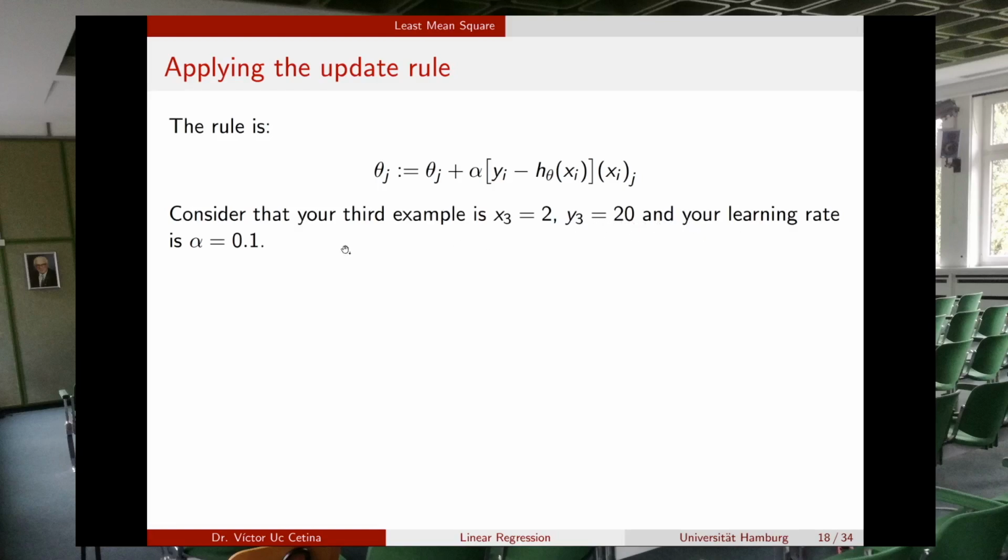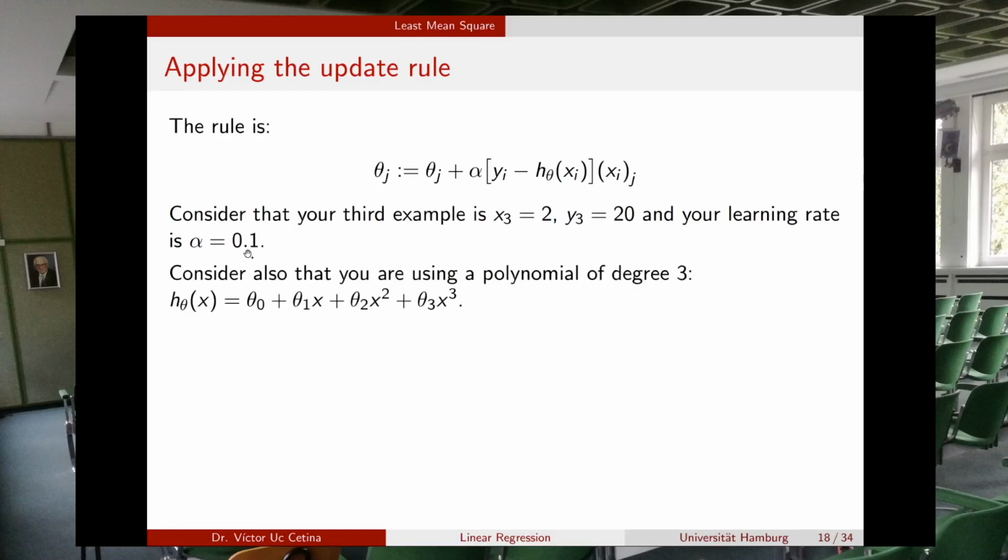And suppose also that your learning rate is 0.1. Consider also that you are using a polynomial of degree 3, so our hypothesis will have this form: theta 0 plus theta 1x plus theta 2x2 plus theta 3x3. And let's see how we can apply this learning rule.